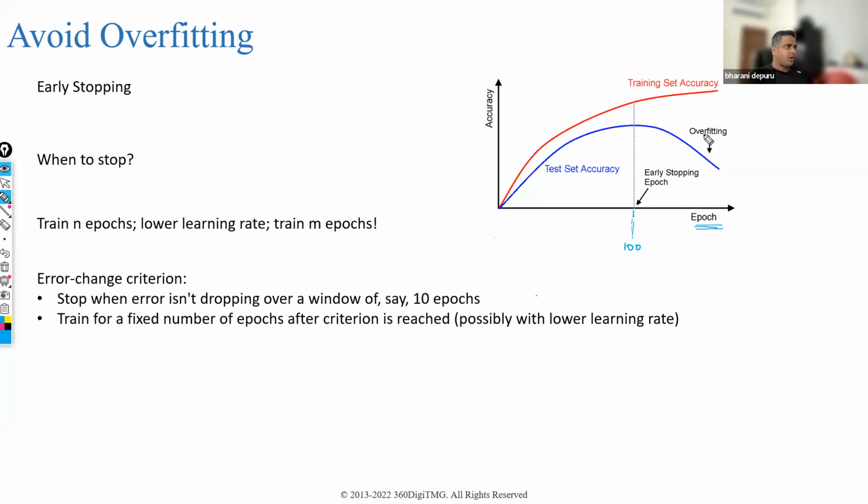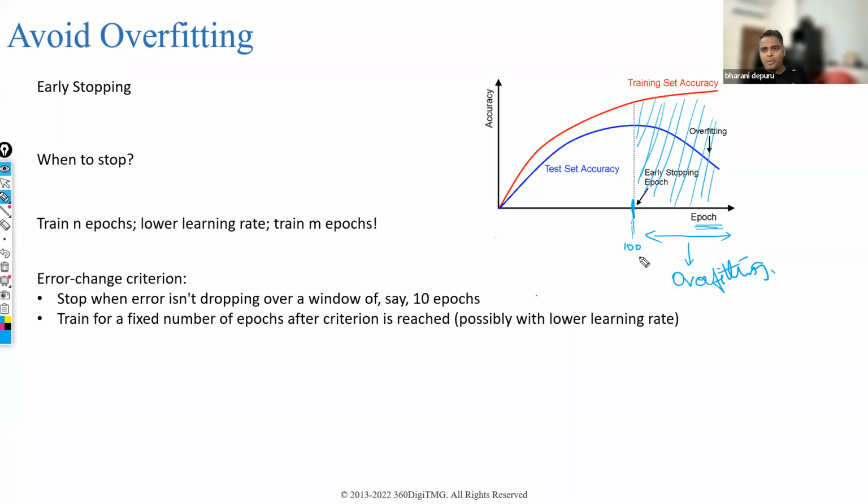This entire zone is called the overfitting zone. Any number of epochs more than 100, if at 100 you're having the right fit, then this entire zone is called overfitting, if you increase the number of epochs beyond this point.